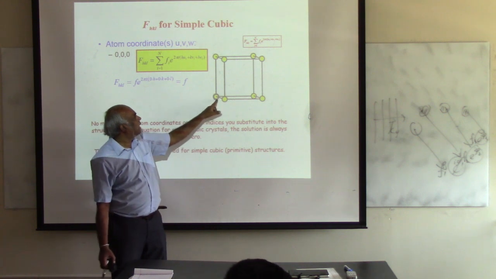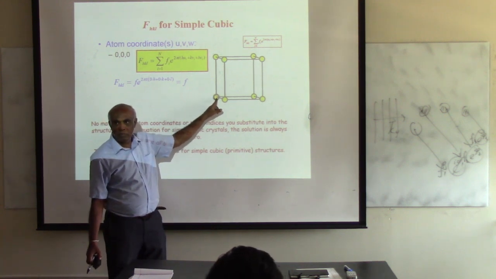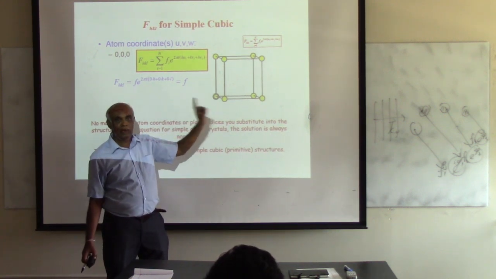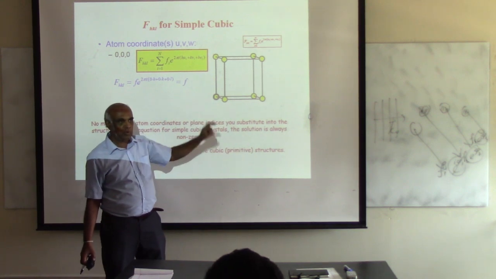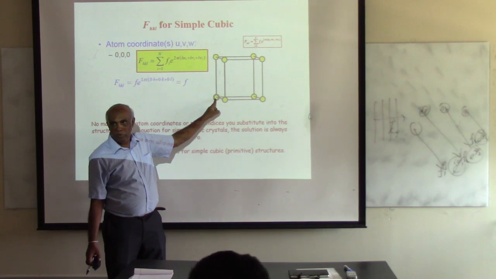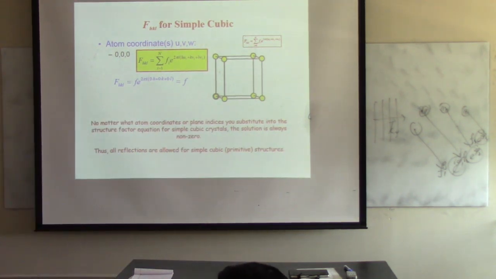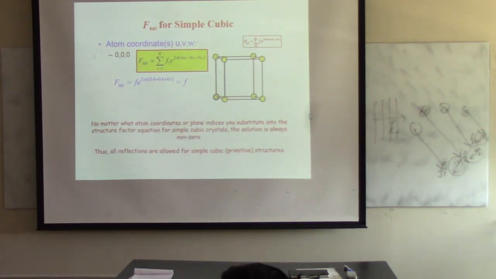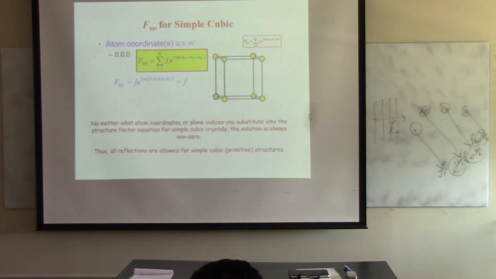I'll take that one atom at 0, 0, 0. Remember, this is a simple cubic, a primitive cell, one atom. So I pick the position of that one atom as 0, 0, 0. That means U alpha is 0, V alpha is 0, W alpha is 0. That's the position. So when you add, you only have one term. Alpha is only 1, right? So then when you add, what do you get?